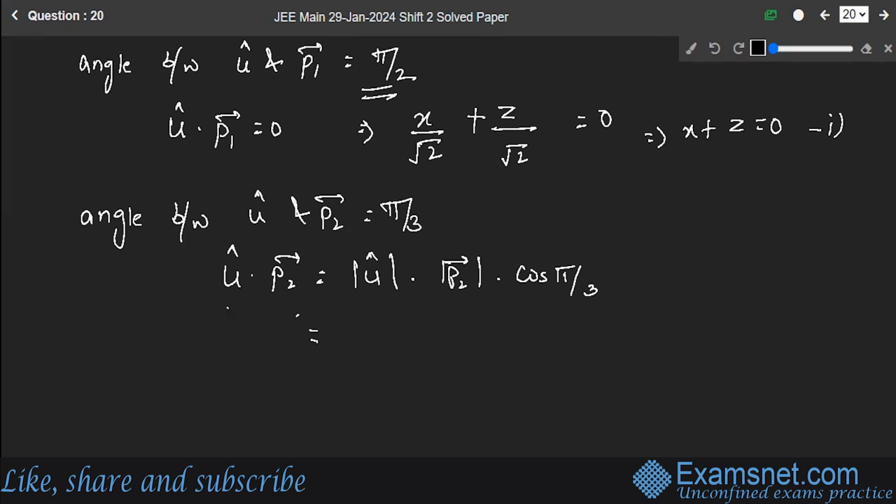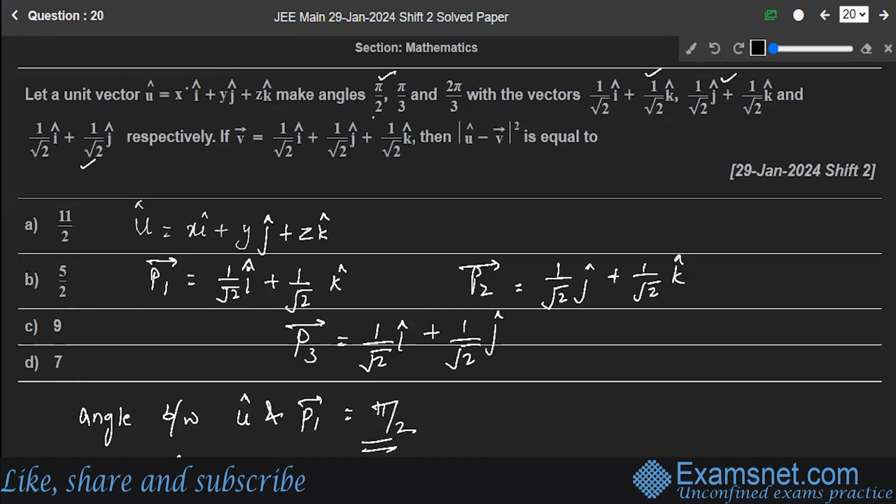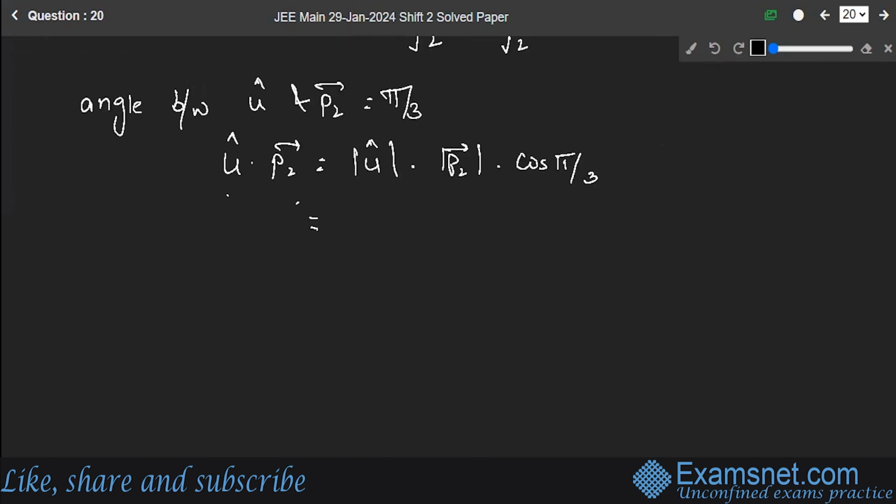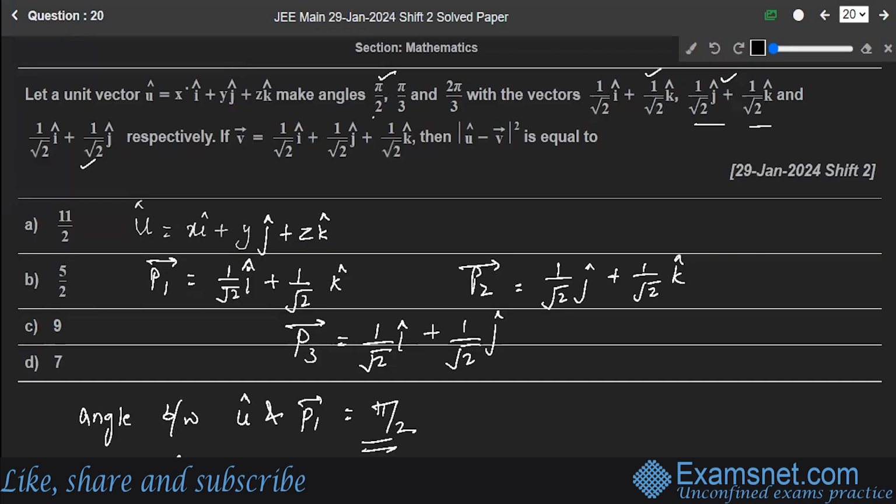First of all, let's write out the dot product. u was xi + yj + zk, and P2 has j and k components. So this will give me y by root 2 plus z by root 2. This is equal to 1 by 2, because u is the unit vector and P2 is this vector.